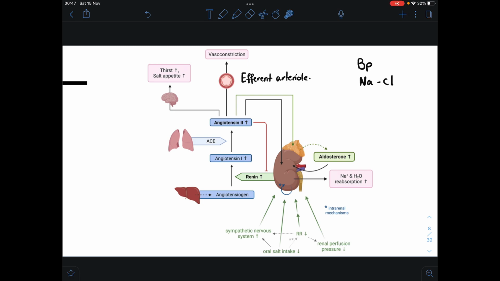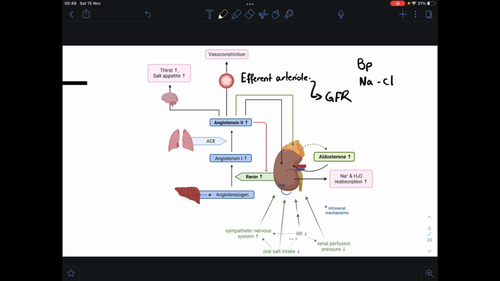So you'll be drinking more water in order to raise the blood pressure, and also taking more salt, of course. There will also be vasoconstriction of especially efferent arterioles, which leads to an increased GFR in the kidneys, and the adrenal cortex then secretes aldosterone, which aids in the reabsorption of sodium and water in order to raise the blood pressure.